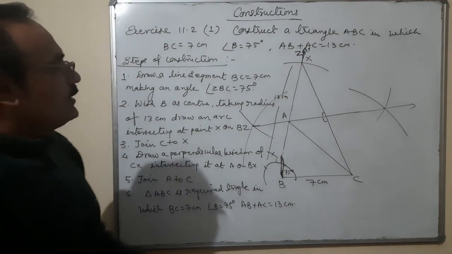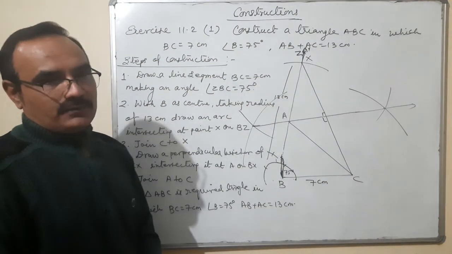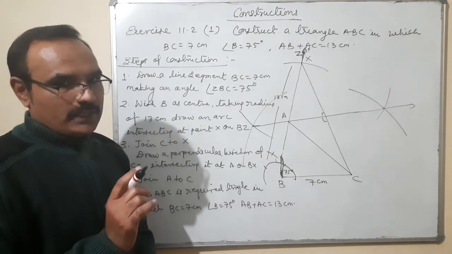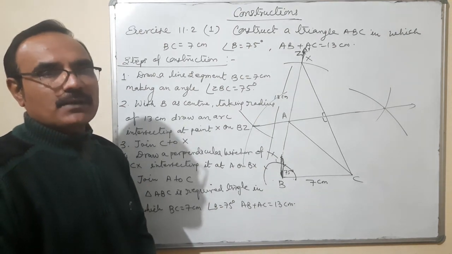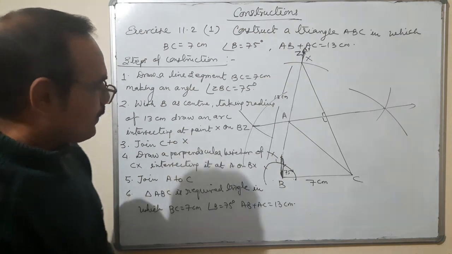So this is the construction of the triangle in which one angle is given, the base is given, and the sum of two sides is given.